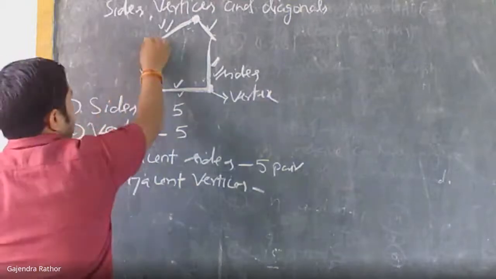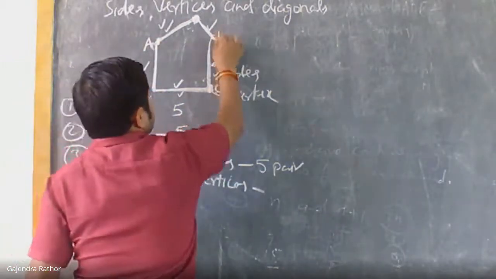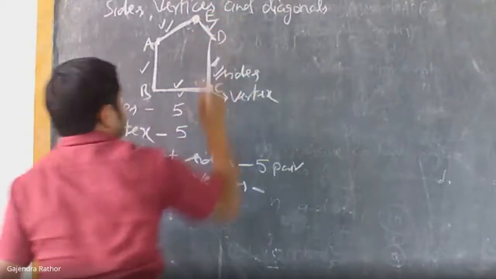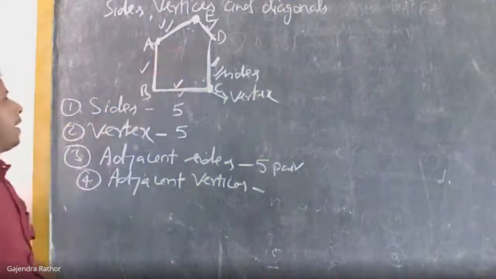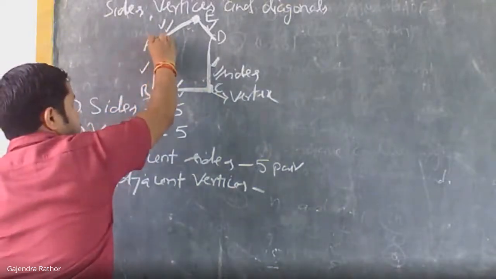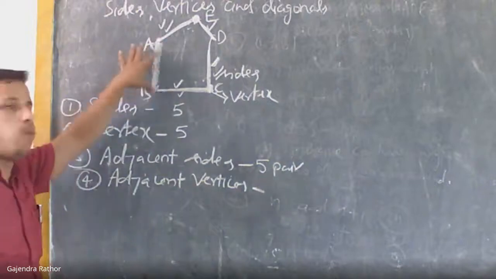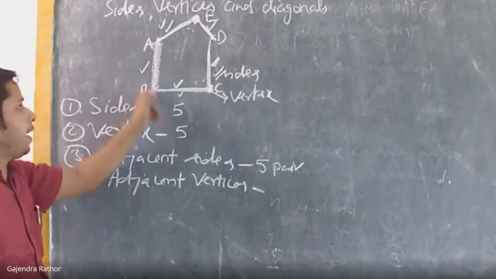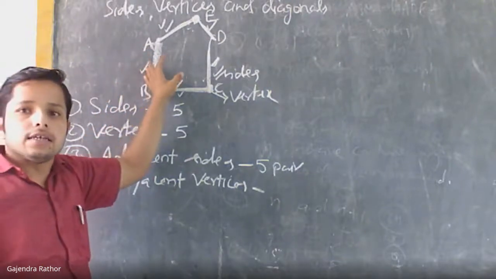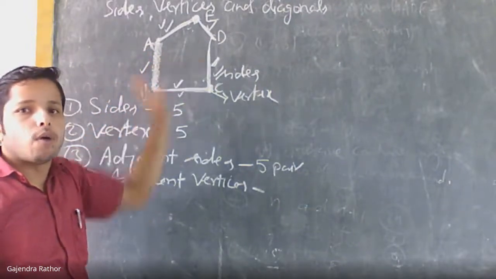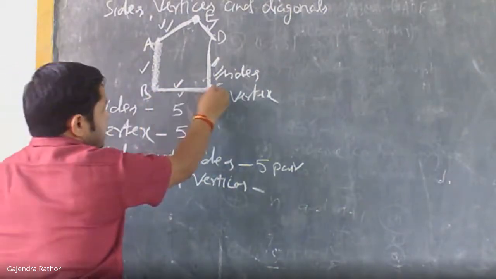Let us name the vertices A, B, C, D, E. Okay, so take any side such as AB. What are the 2 points of the side? A and B. So A and B are adjacent vertices of this polygon. Another example, select any side BC.